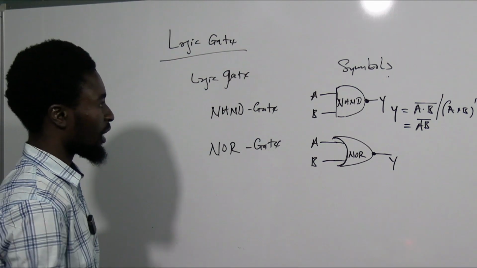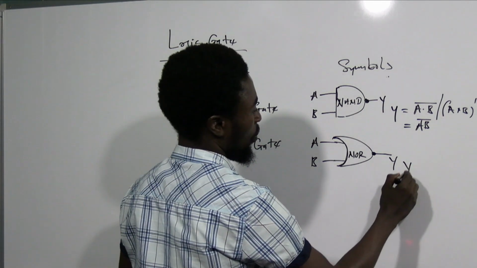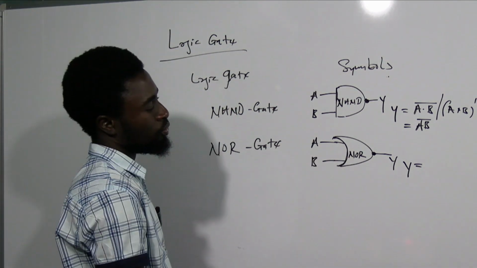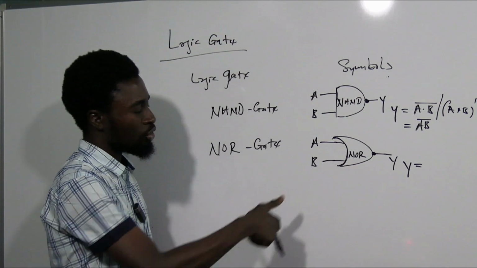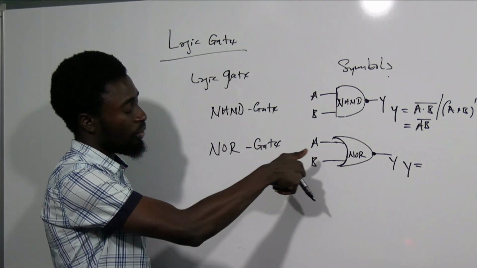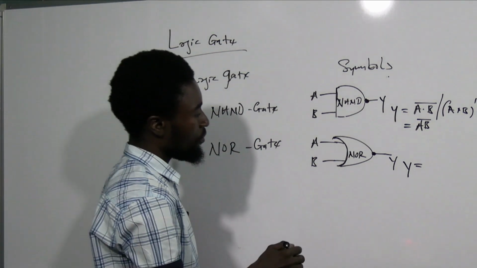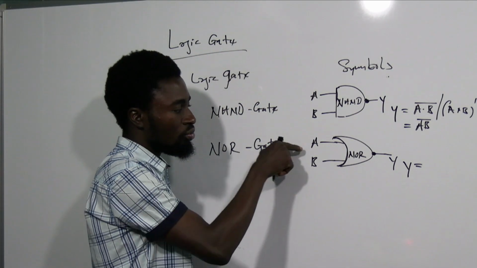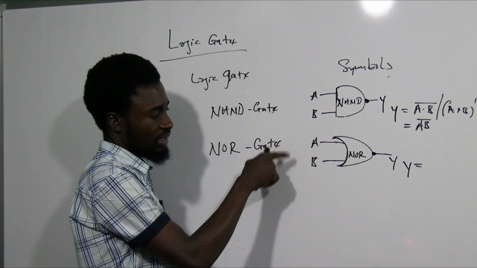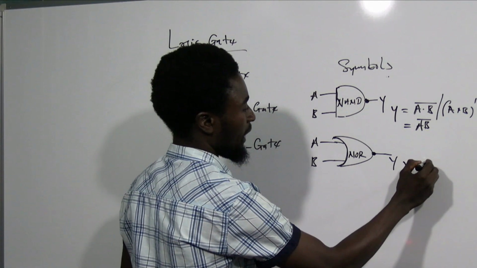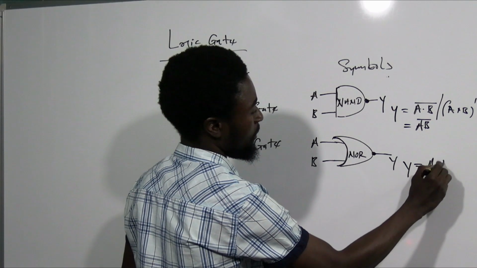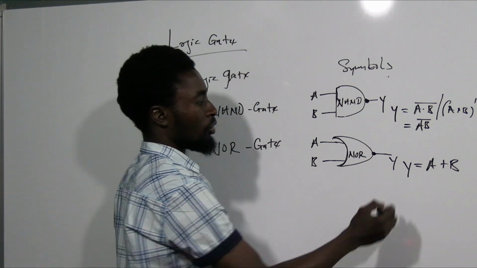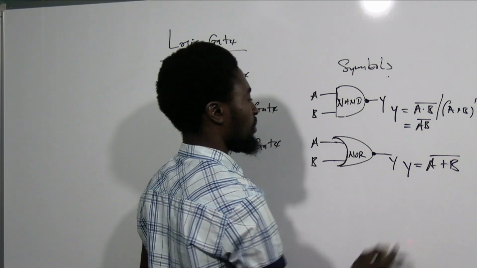But how can you write this one? It is Y equal to, of course, when two inputs pass through the OR gate, the operation that is performed there is you add the two operands, like A and B. You have A plus B. So A plus B, all complement.